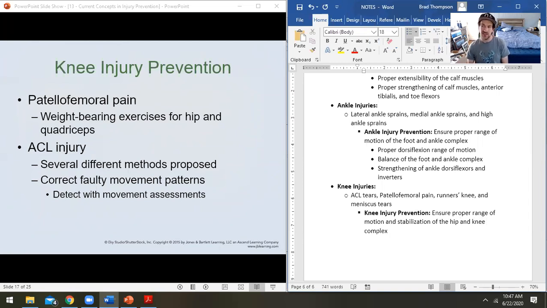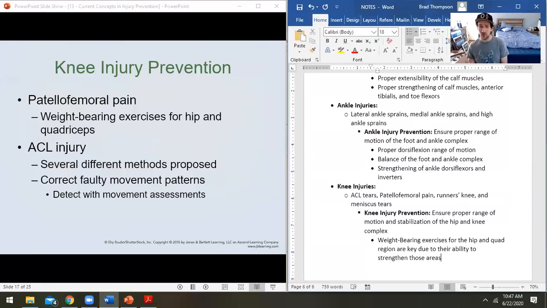Your hip has a lot to do with your knee's ability to stabilize, right? If you have weakened or strengthened muscles in the hips that are pulling in the wrong direction, it can be very, very common for you to experience a knee injury. So particularly weight-bearing exercises for the hip and quadriceps region are key due to their ability to strengthen those areas.